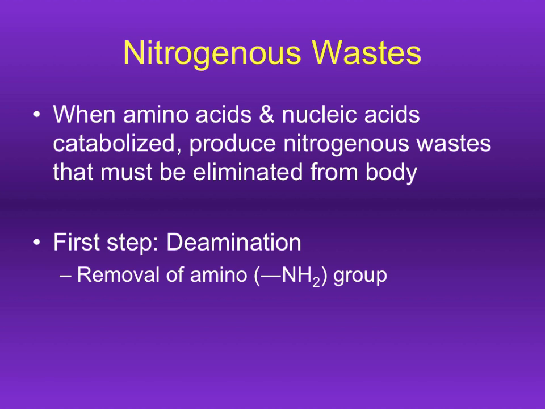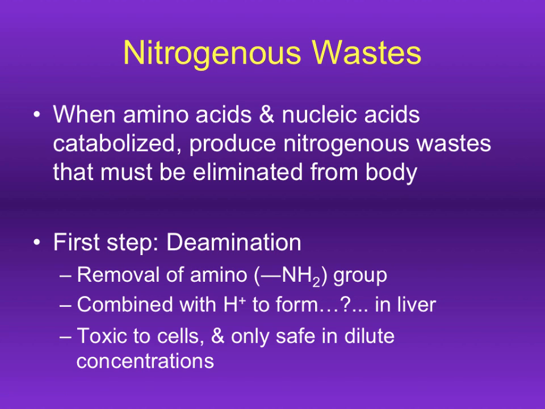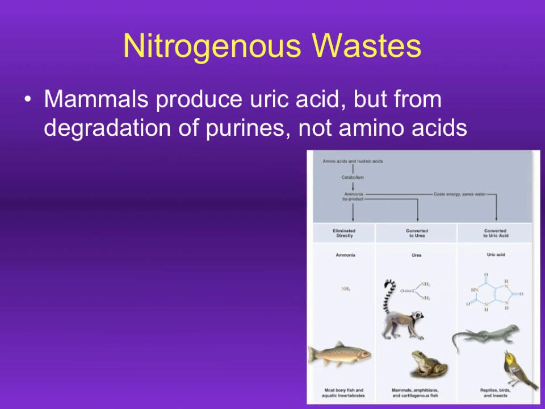And what that does is it creates a degree of nitrogenous waste. We've got NH2, which is an ammonia group. If we then add an H plus to that, we get what's called ammonia. And ammonia is fairly toxic. And so we have to find some way to get rid of it safely in a dilute way so that we don't over concentrate this stuff and actually poison our cells in the process.